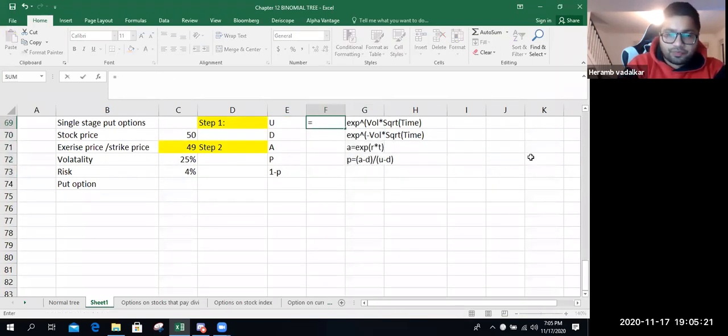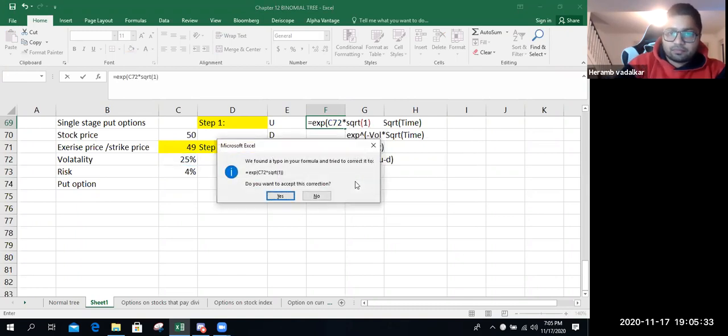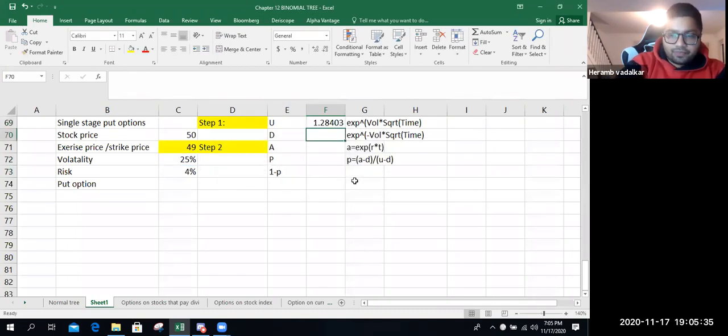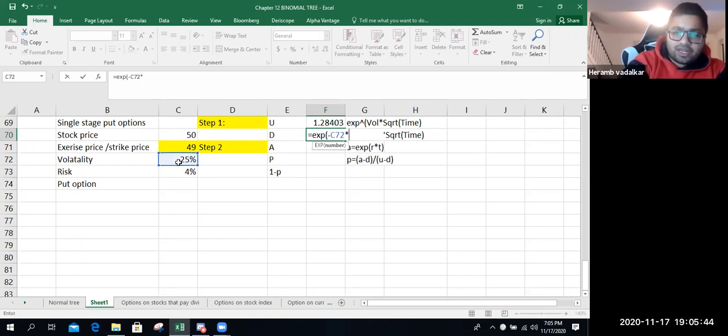So U is exponential of volatility 25% times the square root of time, and T is 1. D is exponential of negative volatility times the square root of time, where time is 1.